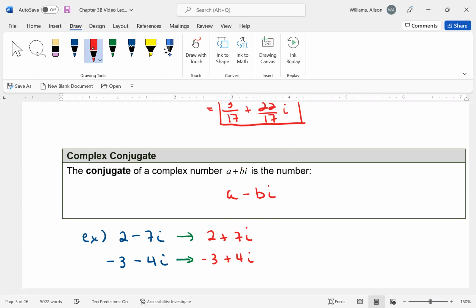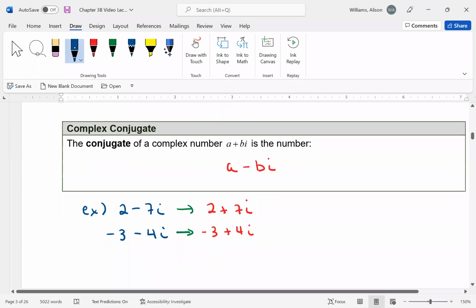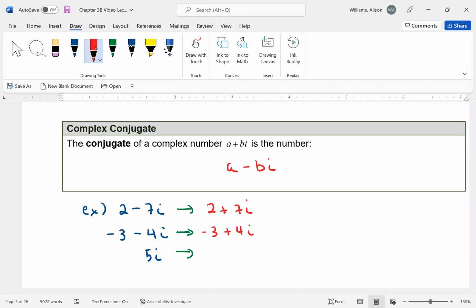So see, the sign in the middle is the only sign that changes. What if it was something like 5i? Its conjugate is actually going to be negative 5i, just because it doesn't have a real number part. But a real number doesn't have a conjugate because there's no imaginary part to switch the sign on. So only the imaginary part gets the sign switched.